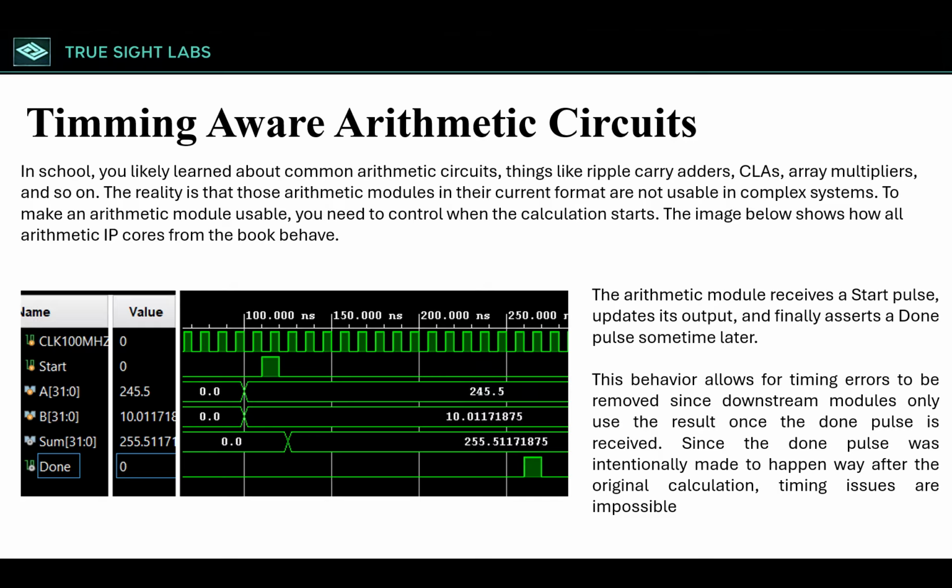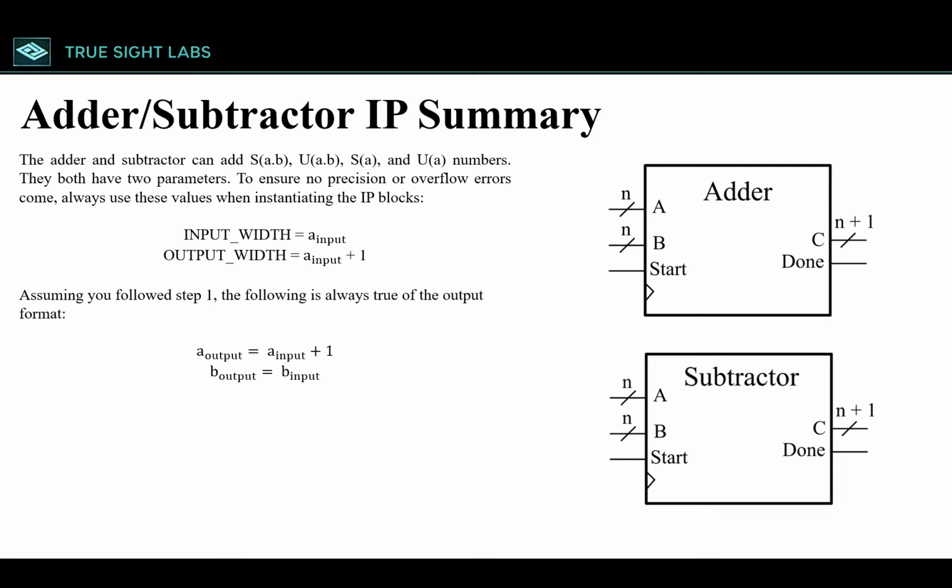In this video, I will focus on how to instantiate and integrate these IP cores into your own designs to implement any mathematical operation. So, the first two IP cores that we will discuss are for the adder and subtractor. Both of these IP cores can take any format of numbers, whether it's SA.B, UA.B, or SA, or U numbers.